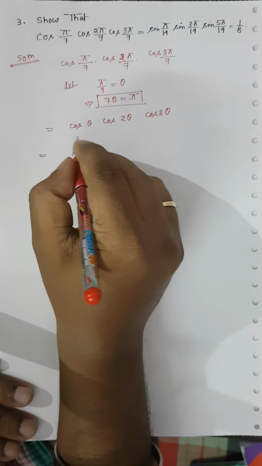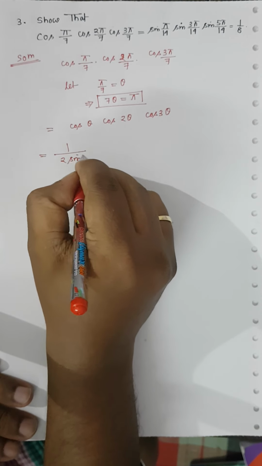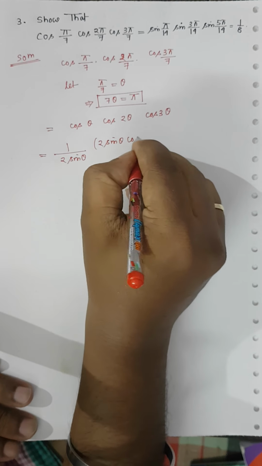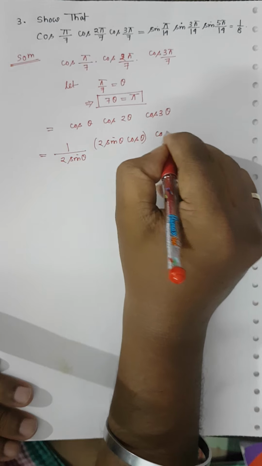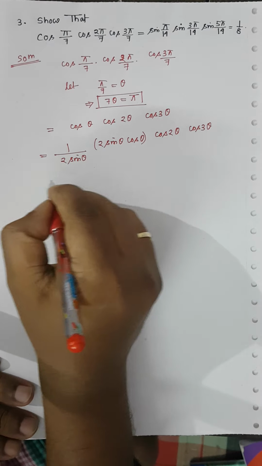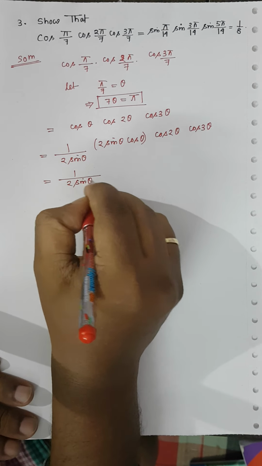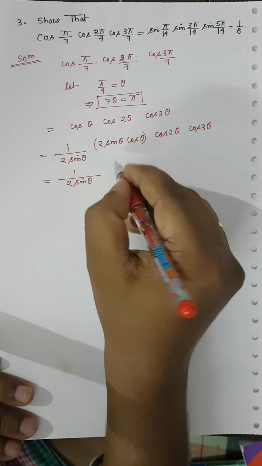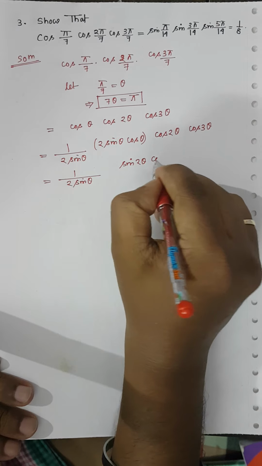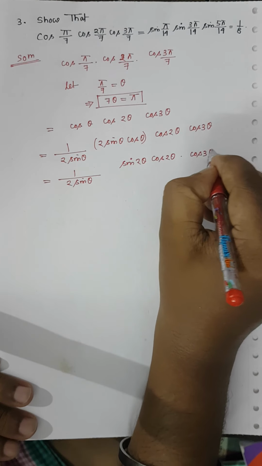Now if I multiply by 1 by 2 sin θ, I will have 2 sin θ cos θ into cos 2θ into cos 3θ, over 2 sin θ. What is 2 sin a cos a? This is sin 2a, so I am getting sin 2θ into cos 2θ into cos 3θ.